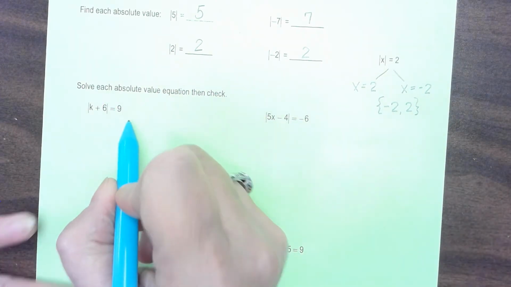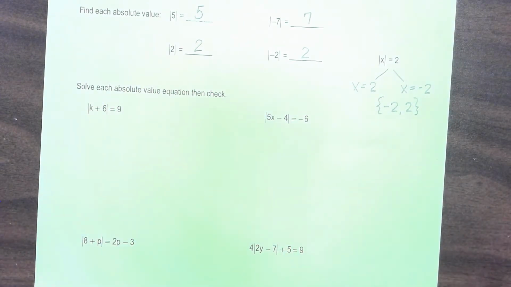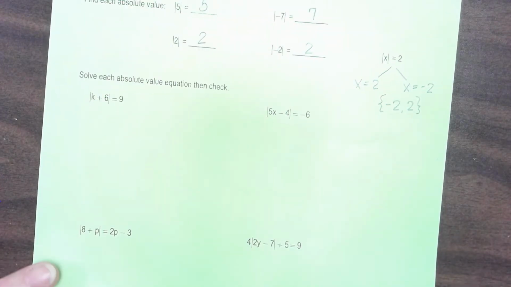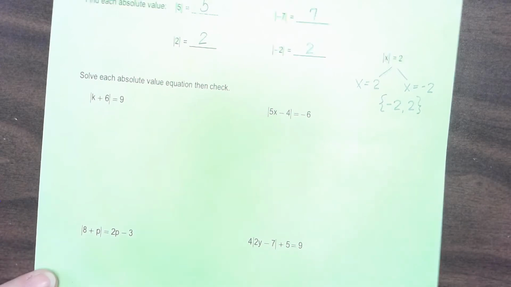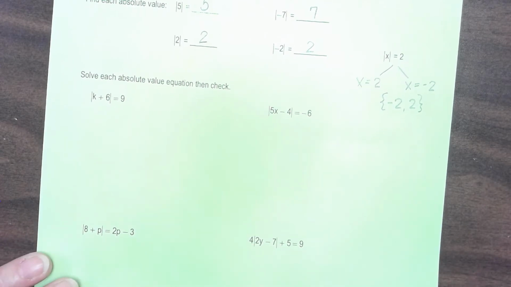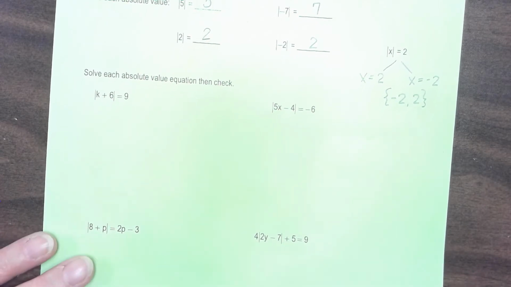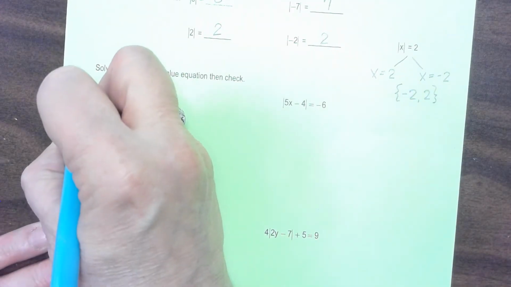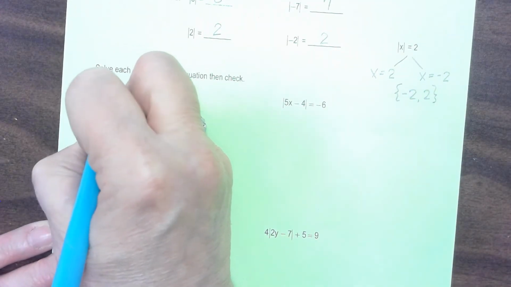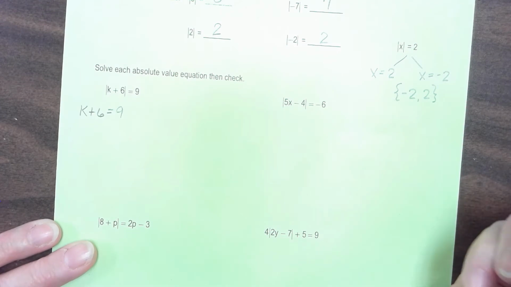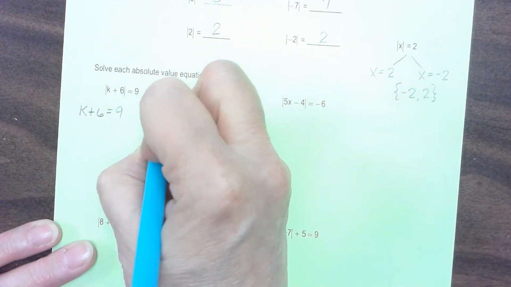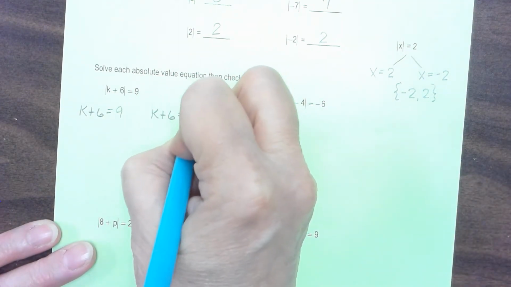So if we go back to our steps, it says isolate. So we've already got our absolute value isolated. Set the quantity inside the absolute value equal to plus or minus. So we have k plus 6 equals 9. Or we have k plus 6 equals negative 9.